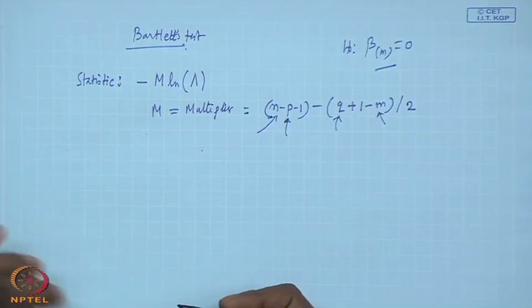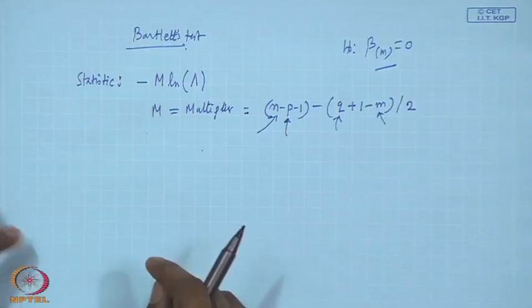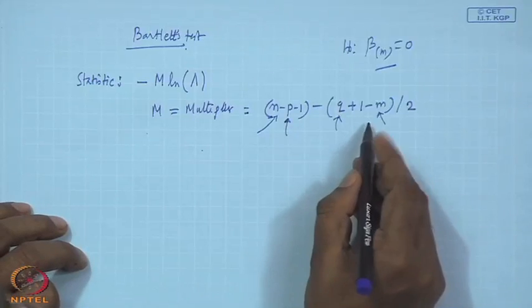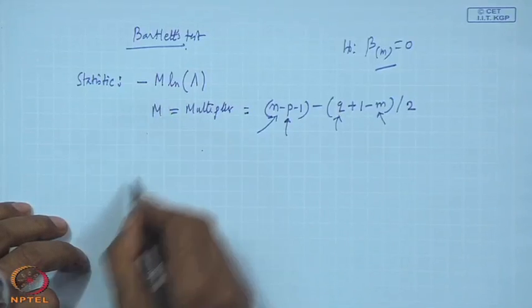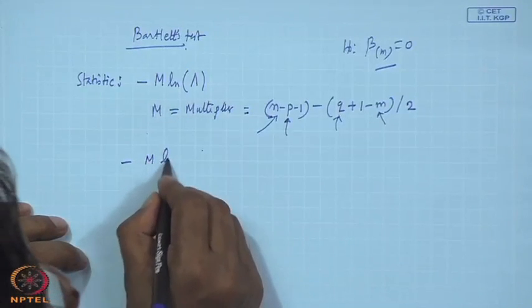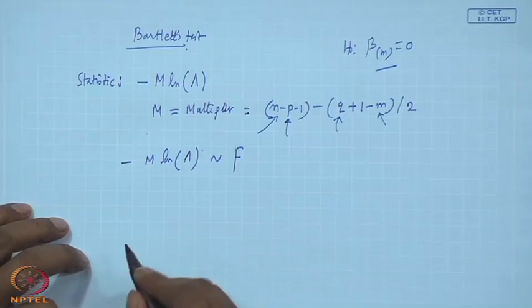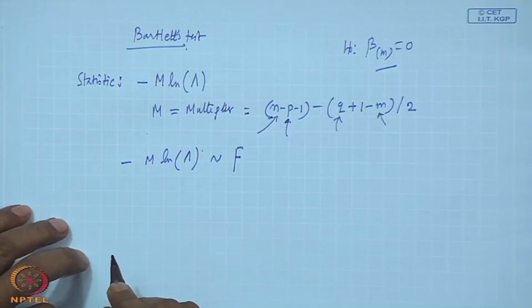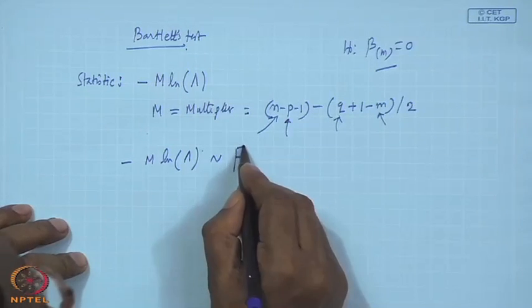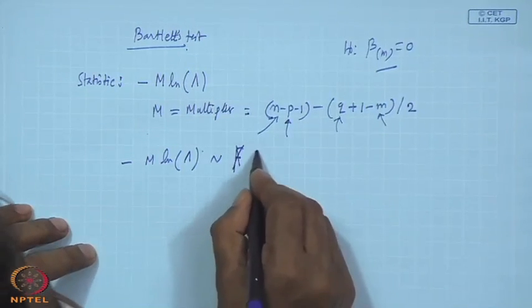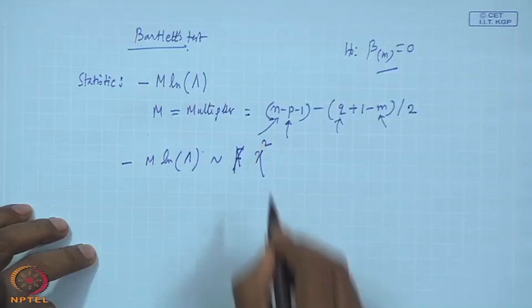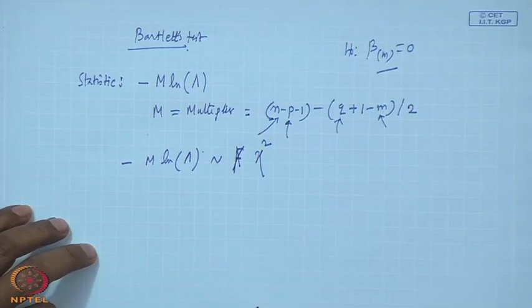correct. So, under this condition, these statistics, that means minus m log lambda, follows F distribution, and also it follows chi-square distribution under certain conditions. So, the chi-square distribution is the one given by Bartlett.